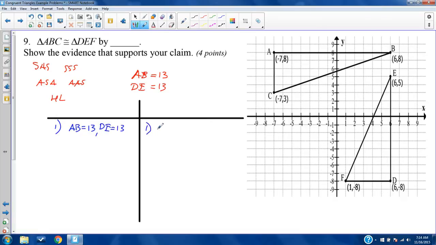You can kind of say it's given, right? So segment AB is congruent to segment DE. Reason for that, equal lengths would mean congruent segments in this case.